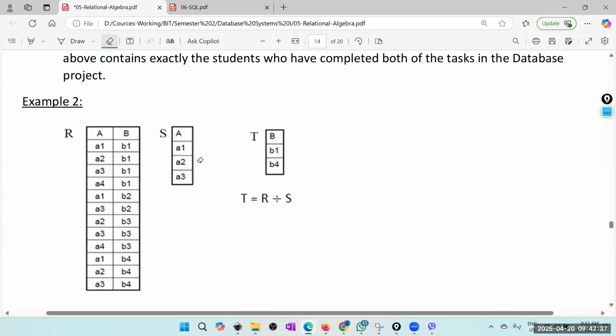Why? You can see that B1 is related to A1, A2, A3.